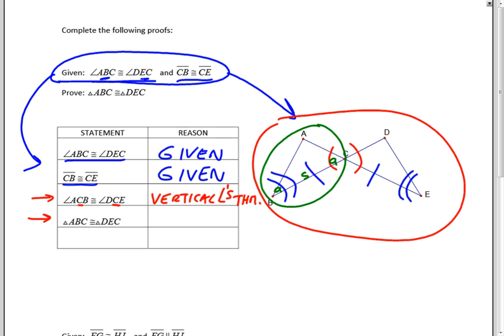Is the side directly in between the angles? Then we're allowed to say ASA. Done. 20 points out of 20 points. Make sure that this statement is the last statement. We're trying to prove that the triangles are congruent, so that better be the last line.